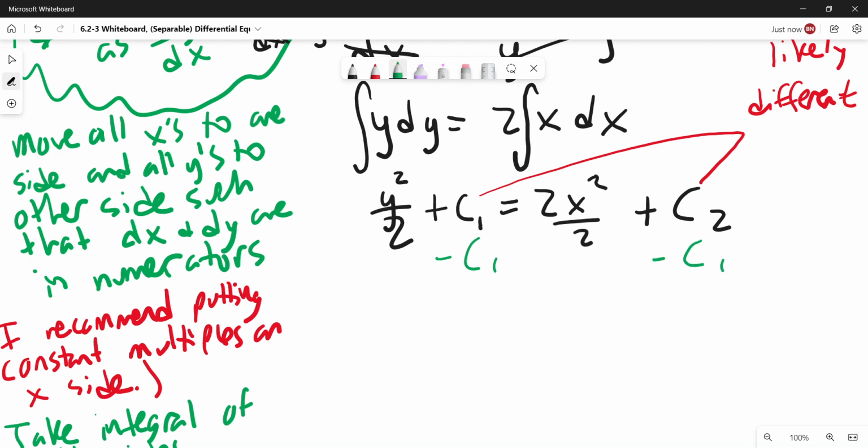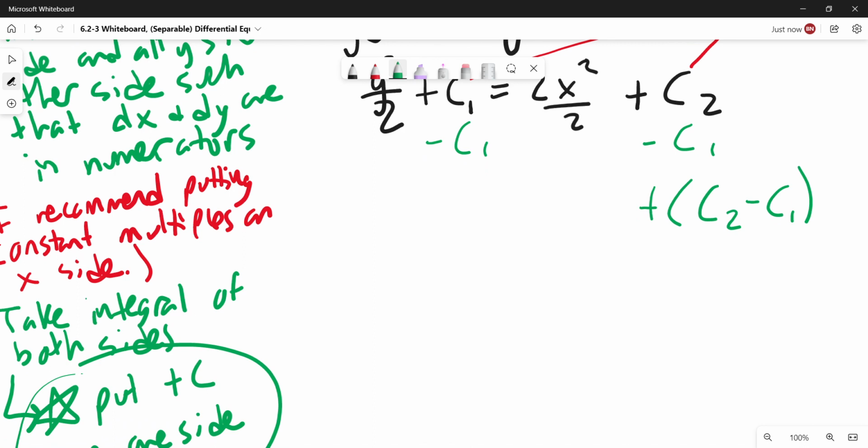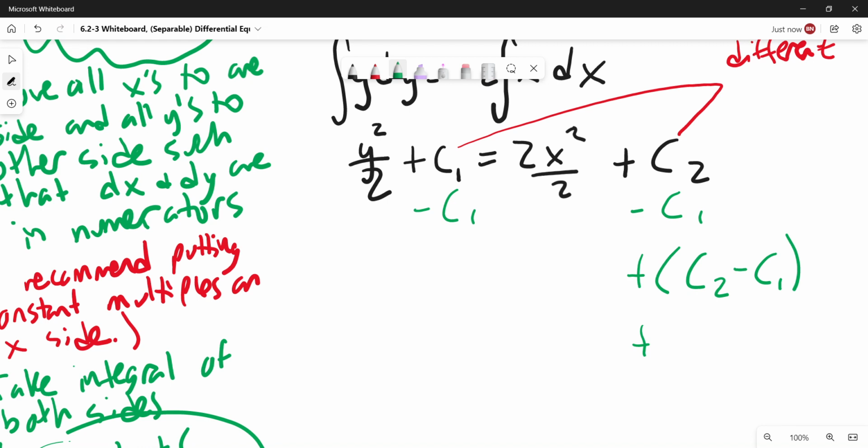So that this side is going to be like a plus c2 minus c1, which then down here I'm just kind of working ahead. Well, okay, if we have an unknown constant that's equal to c2 minus c1, why would we overcomplicate things and have an unknown constant that is made up of the difference of 2 other unknown constants, right? That's kind of silly.